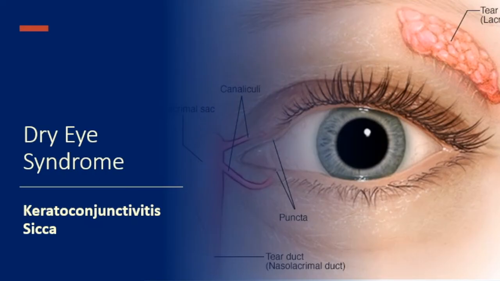Then we have your dry eye syndrome. Class, when I say dry eye syndrome, we commonly refer to this as your keratoconjunctivitis sicca. So keratoconjunctivitis sicca is a deficiency in the production of any of the aqueous, mucin, or lipid tear film components.